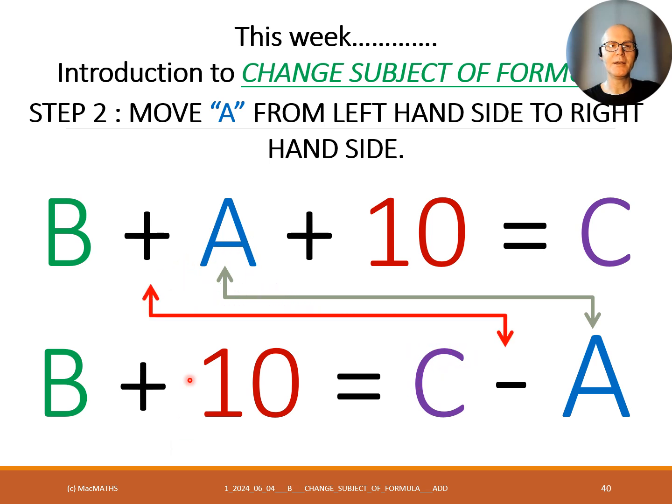And we've done that by changing the sign. We've changed it from plus a to minus a. We've done the inverse operation. Adding a on one side of the formula means you subtract a from the other side of the formula.